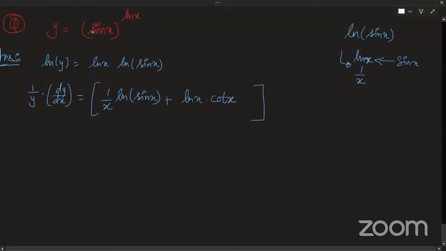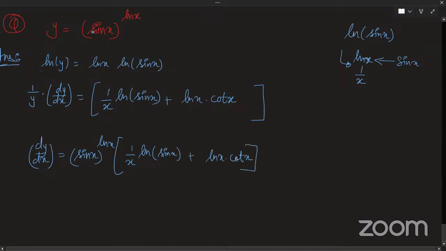Right? Agree, everyone? So I can just directly take my dy by dx. So it is sin x raised to ln x into 1 by x ln of sin x plus ln x into cot x. Great work. This is it, everyone.